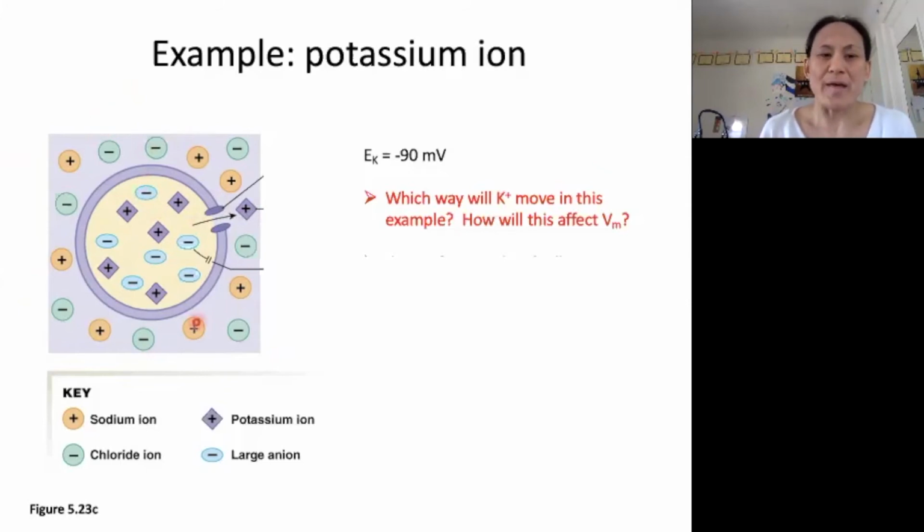I want to remind you that we're using these purple diamonds to indicate potassium. I want to remind you that potassium equilibrium potential is negative 90 millivolts. And I want you to consider the same question, right? So we have this different situation, but in this setting, which way is potassium going to move? How is that going to affect membrane potential? So go ahead and pause and answer that question.